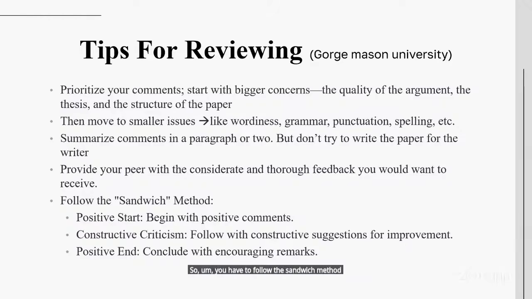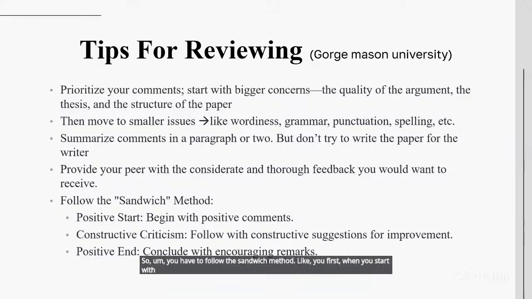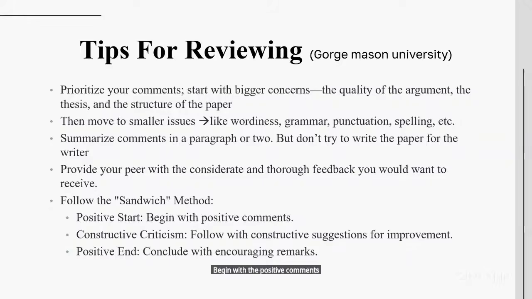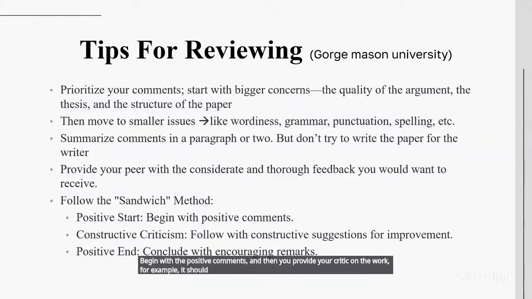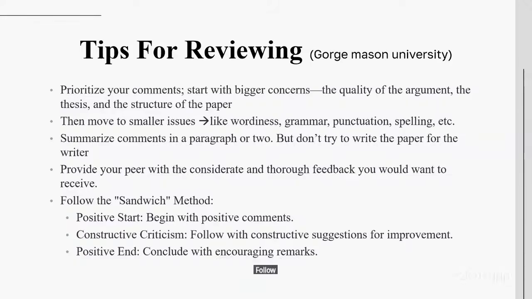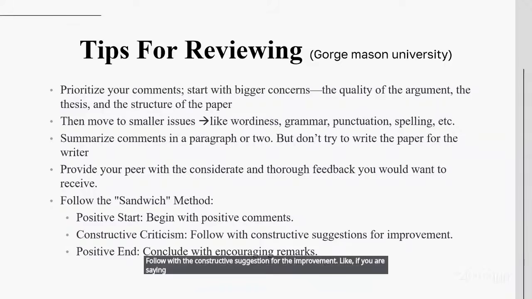When you start writing your review, begin with the positive comments, and then you provide your critique on the work. It should be constructive criticism, followed with constructive suggestions for improvement. Like if you are saying that this is the problem, then you can provide the suggestion of how you can resolve this issue, how you can present your findings.